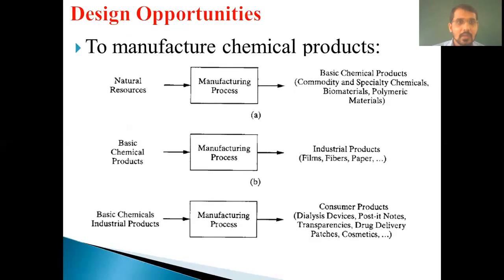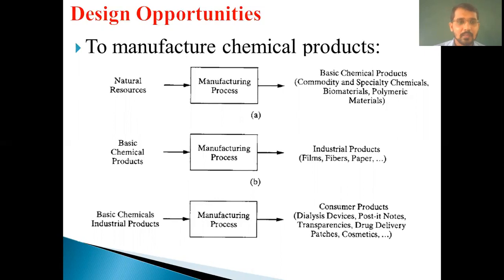So next, what are the designing opportunities? To manufacture chemical products, there are many chemical products coming from natural resources, basic chemical products and basic chemical industrial products.